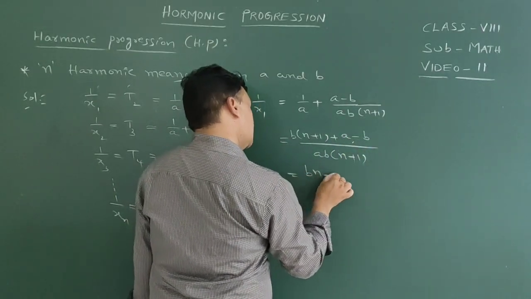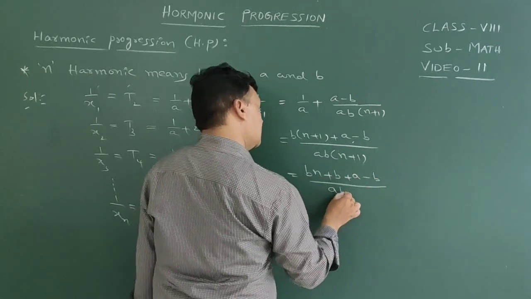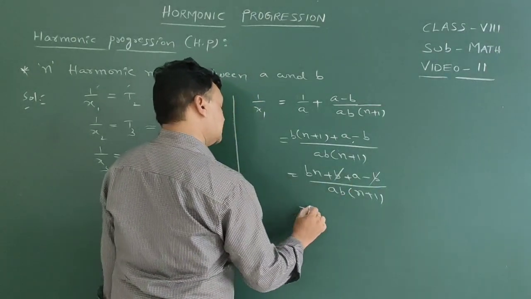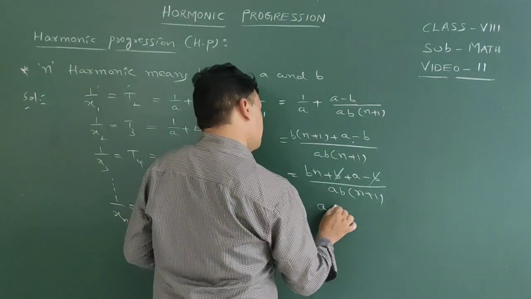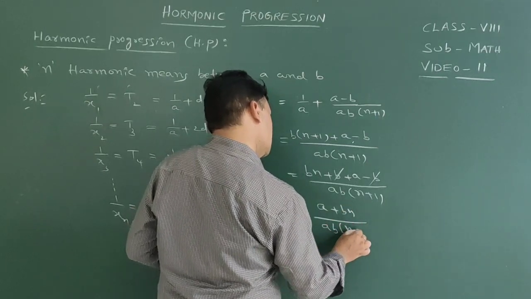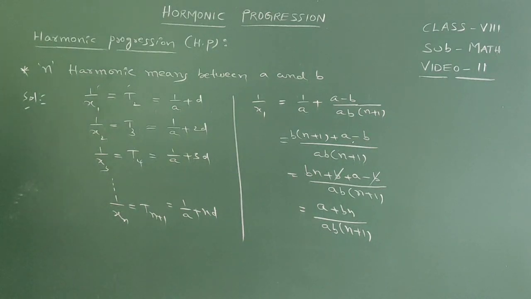Here bn plus b plus a minus b by ab into n plus 1. b and b get cancelled. a plus bn by ab into n plus 1.